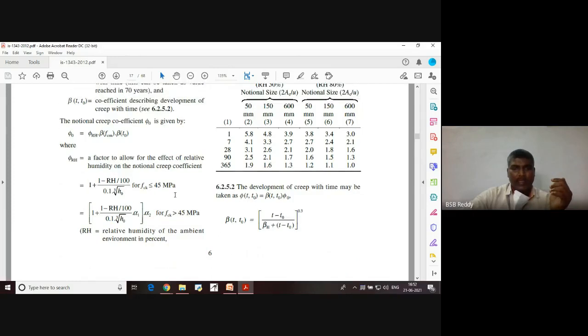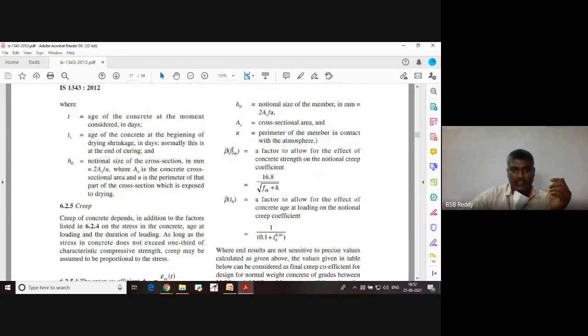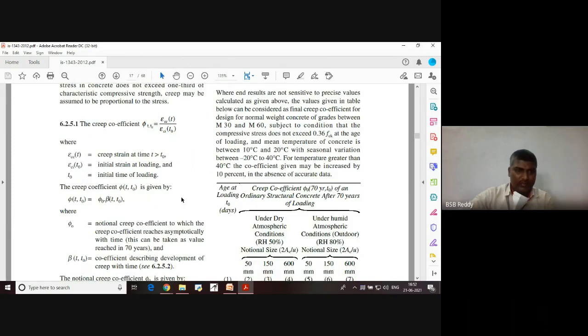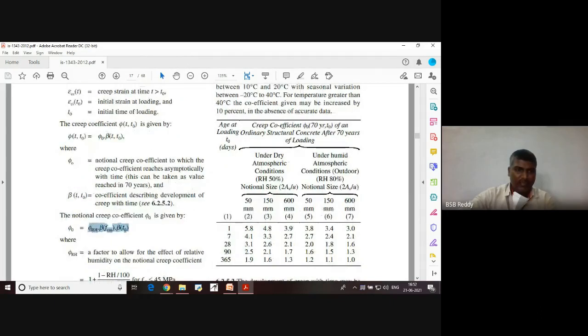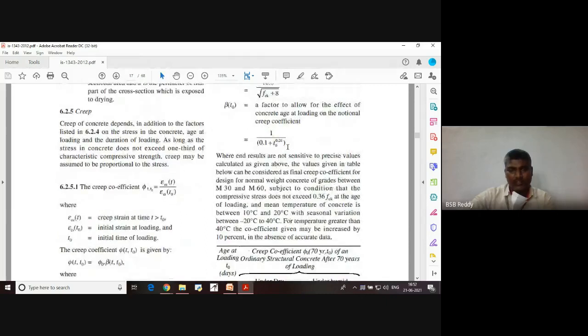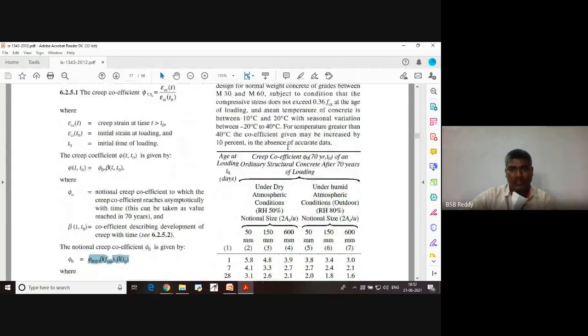And beta FCM is the factor which accommodates the effect of strength, and beta T naught accommodates the concrete age. So beta FCM and beta T naught in this formula can be evaluated like that, and phi RH from this. So that is from the formula.